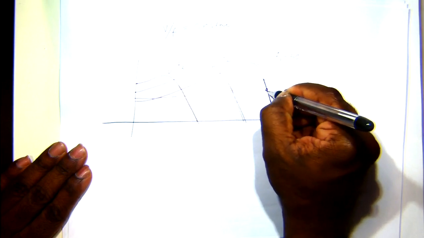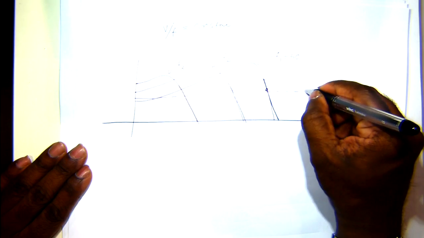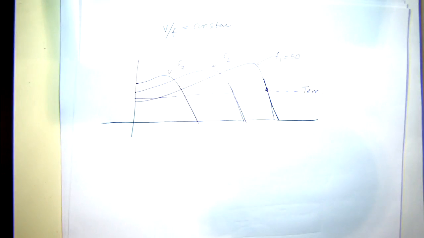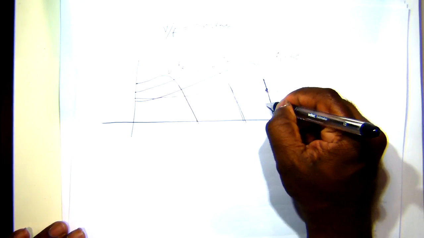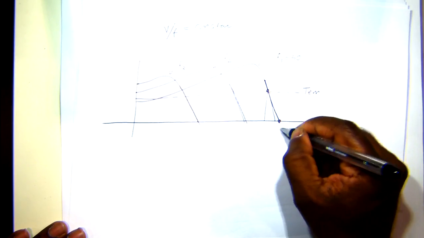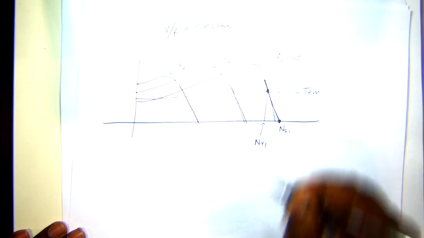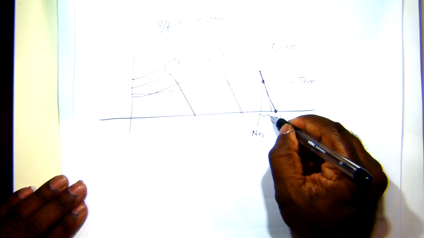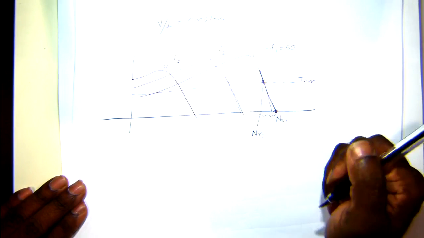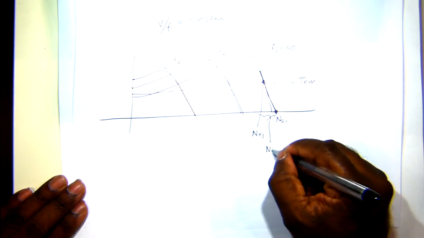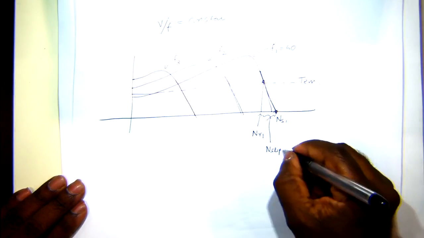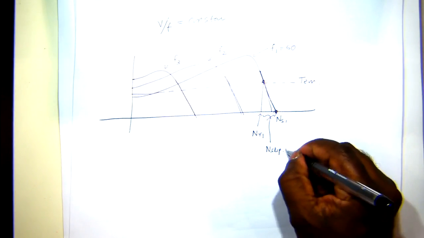Let's say this point has a torque of TEM. And this is your synchronous speed, NS1, and this is your operating point rotor speed, NR1. The difference between these 2 points is the slip speed, so I'll call that N slip 1. So for this particular operating point, it's producing this amount of torque with this particular slip speed.